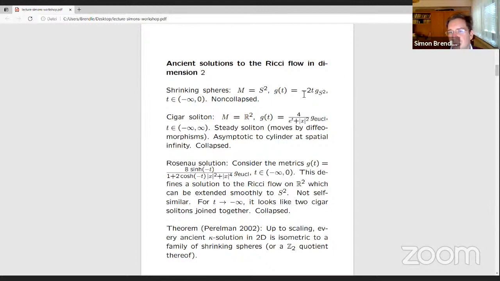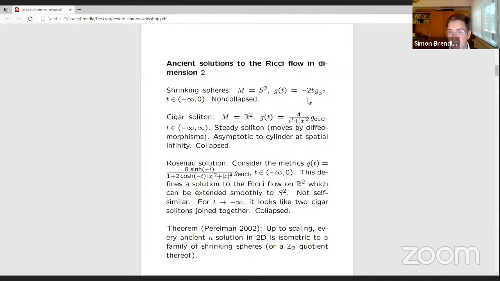And well, you can write these solutions down explicitly. You get negative 2t times the standard metric. And the negative sign shouldn't confuse you because we're assuming that t is negative. So these collapse to a point, but they're non-collapsed in the sense of Perelman's definition, because even though the volume gets smaller, the curvature also gets larger.